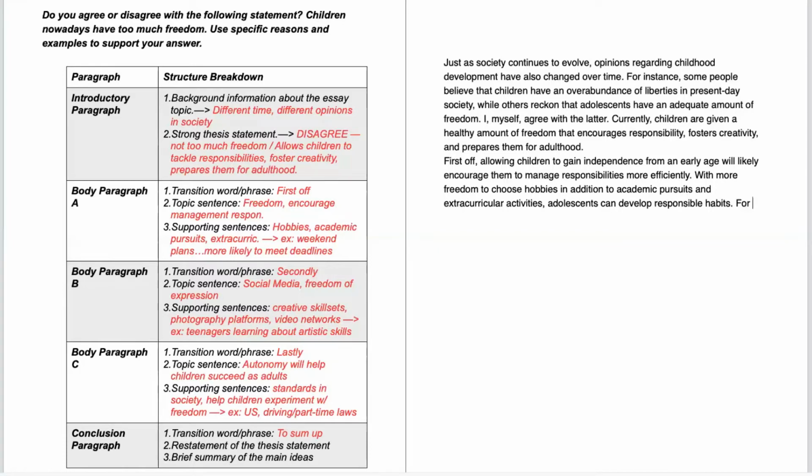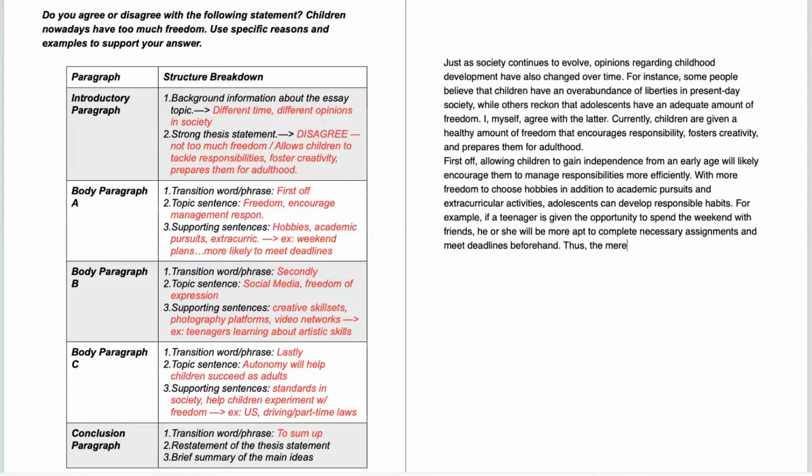So with that, I'll say, "For example, if a teenager is given the opportunity to spend the weekend with friends, he or she will be more apt to complete necessary assignments and meet deadlines beforehand.